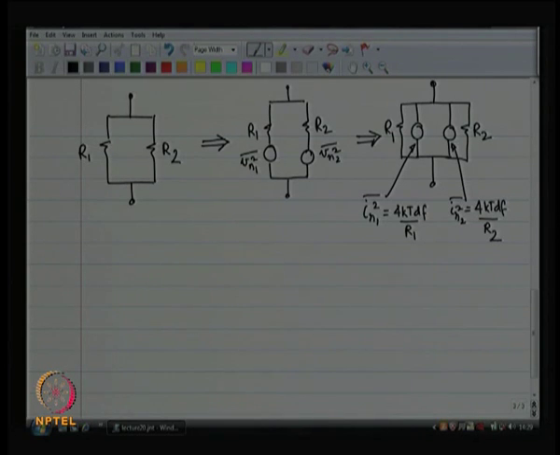Right. Now, when I have two currents in shunt, I can combine the two currents, I can add them up.